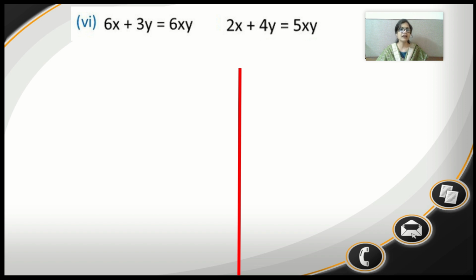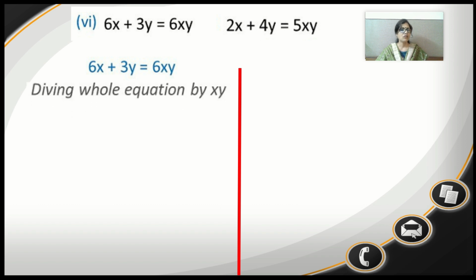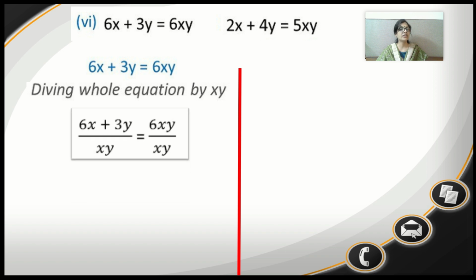So let's consider equation first. This is our equation first. To take out this xy along with the constant term, what will we do? We will divide the whole equation by xy. So (6x plus 3y) upon xy is equal to 6xy upon xy. Now let's make it more simple.